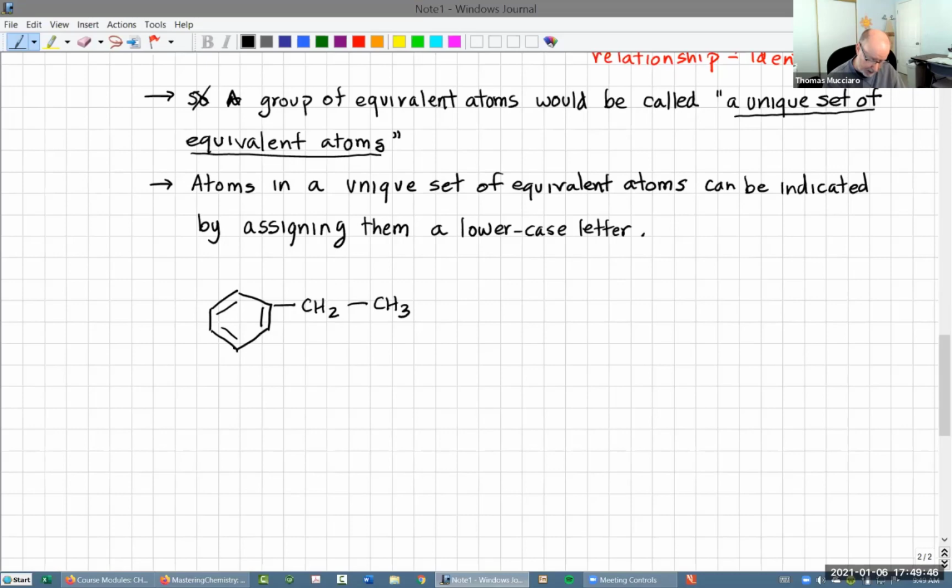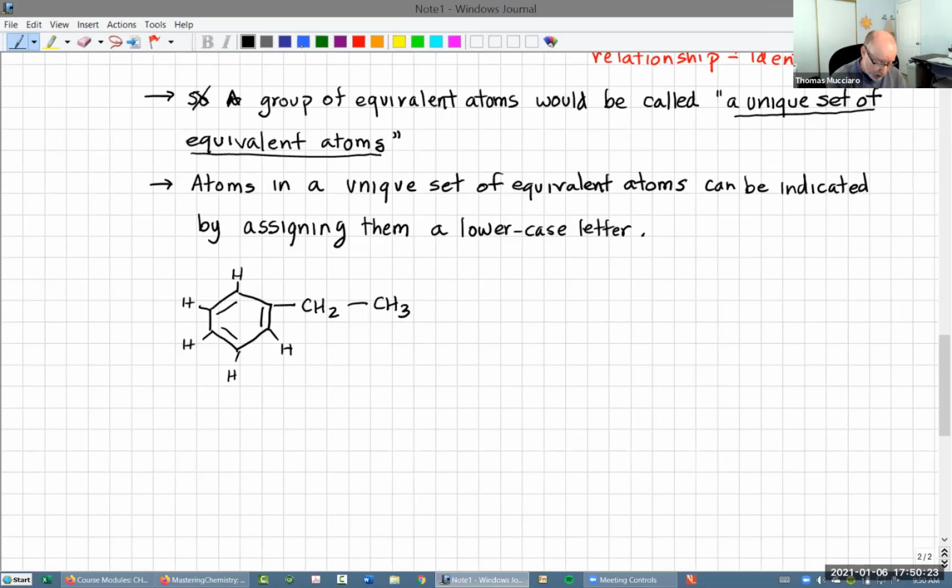So we look at this molecule, okay? Can you guys see this? So what we want to do is find each unique set of equivalent atoms, right? And then we want to mark them so that we can count up how many total different unique sets there are, okay?